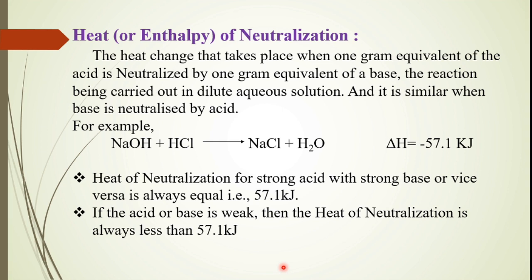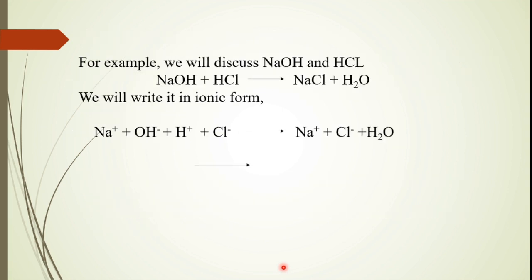Now we will see why the value is constant. For example, we take the same reaction, when NaOH reacts with HCl to give NaCl and H2O. First we will write this reaction in the ionic form.